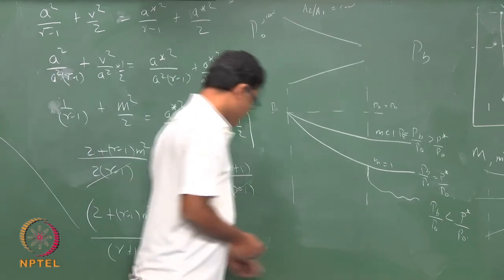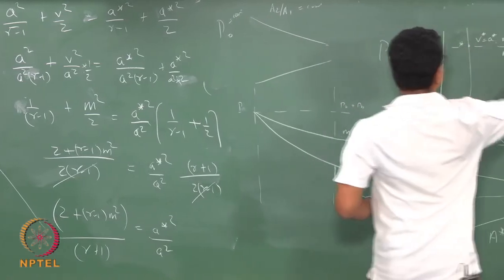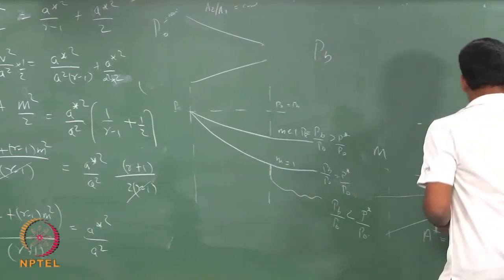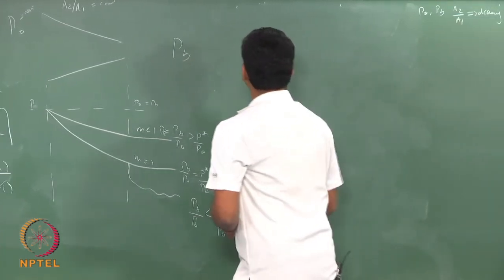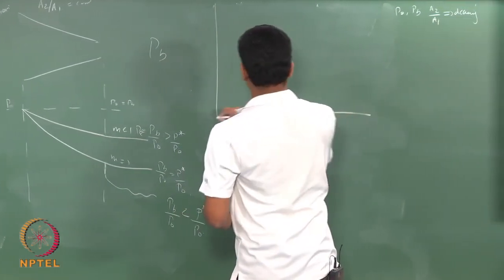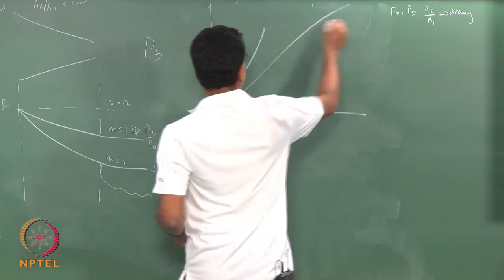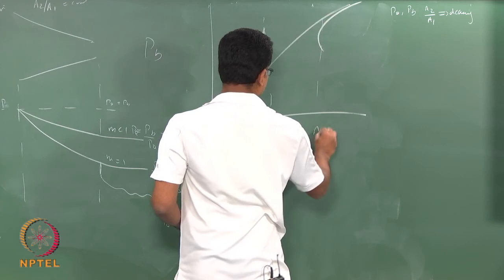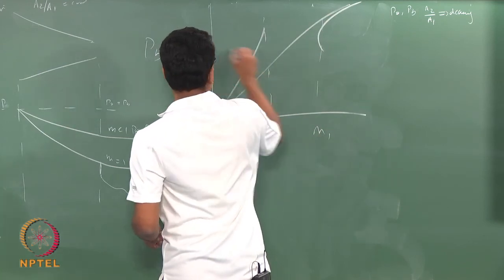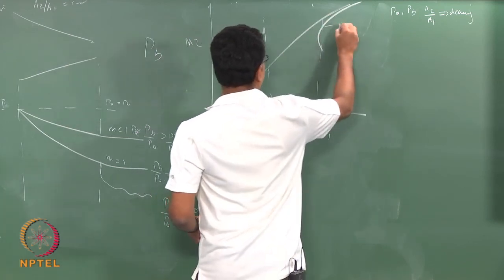So, to have a steady state flow of your M1, if this is M1, this is M2, this is for some typical A2 by A1.